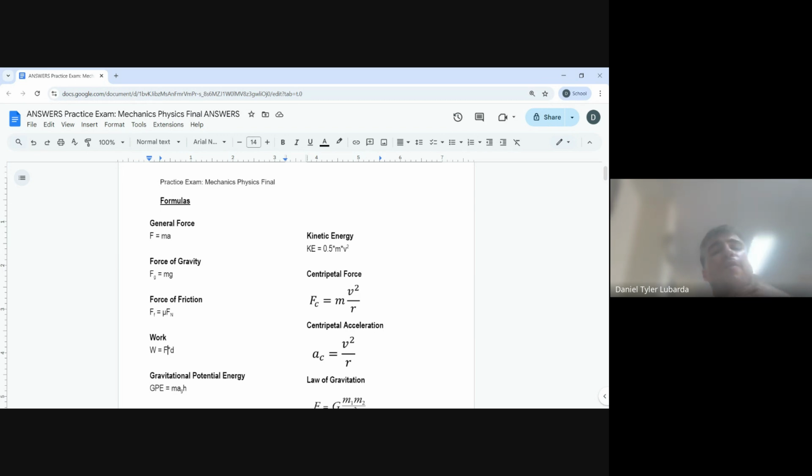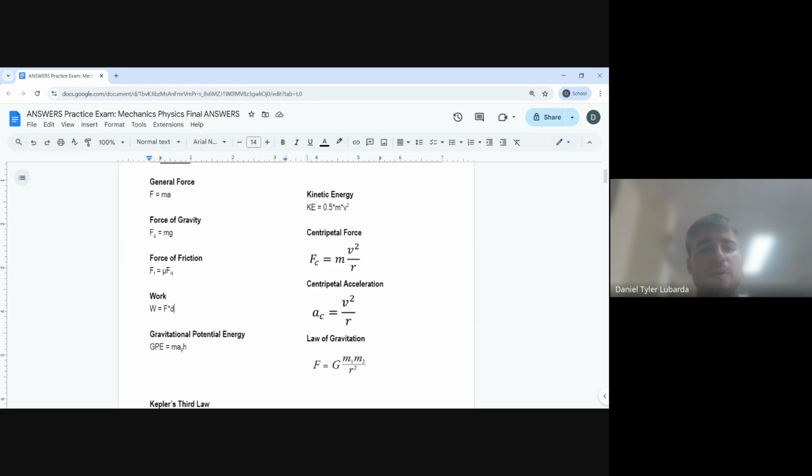Work is a force and the displacement through that force. So for example, when you lift something up, you're pushing up against gravity. So the distance that you push against that force, that you displace through that force, is your work. And when you are doing work by lifting something up, you're giving it gravitational potential energy.